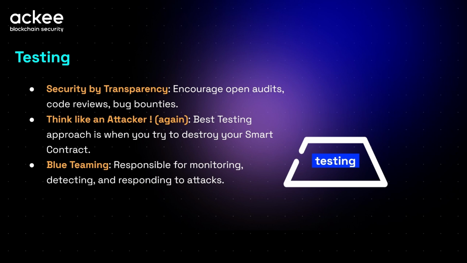Then test how fast you can react to the attack. How fast can your team respond? How fast can you fix the bug? How fast can you communicate to the community or to the users that the smart contract was hacked and what the problem was? The monitoring, the detection and the response are probably the most important three parts here.